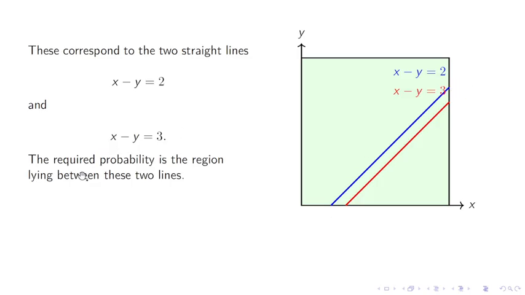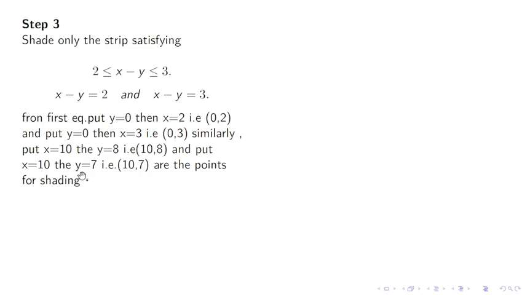From the second equation, put y equal to 0, then x is equal to 3. So the starting points are 2 comma 0 and 3 comma 0. This is for the first line, the blue line, and this is for the second line, the red line.